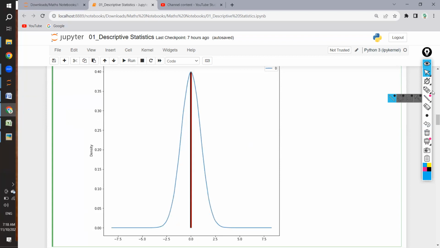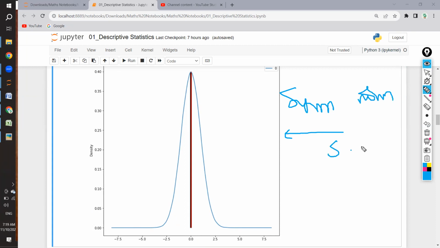As you can clearly see, this is a symmetric distribution. So can you say, is this a symmetric distribution, or is this a normal distribution, or is this symmetric plus normal distribution? Can someone say?